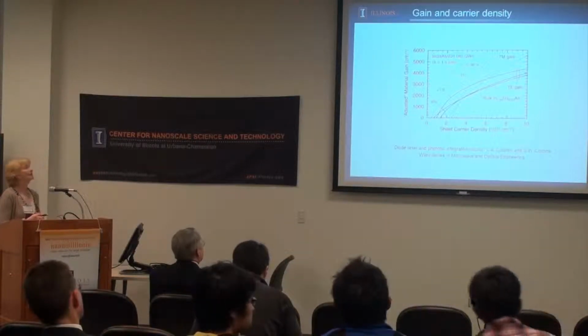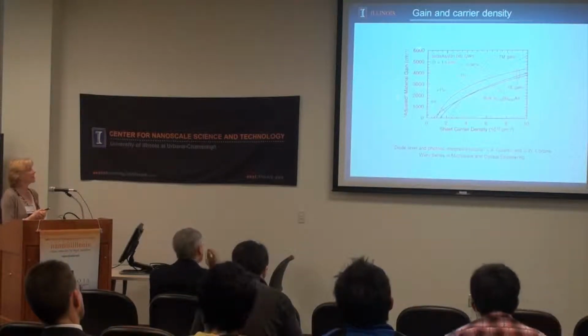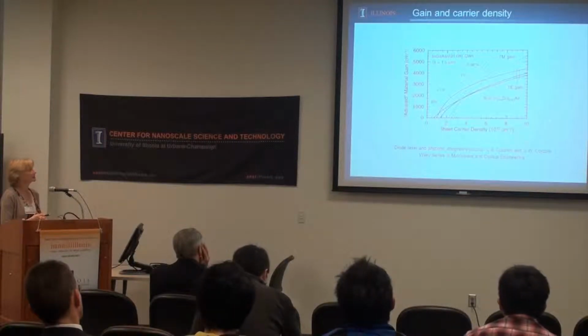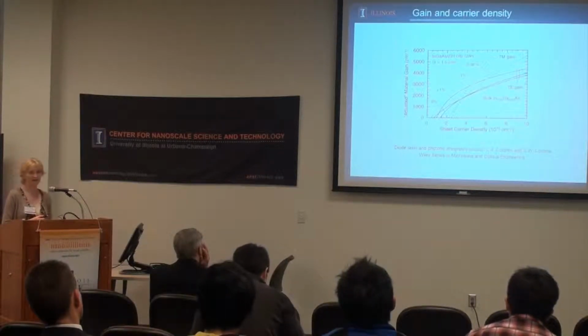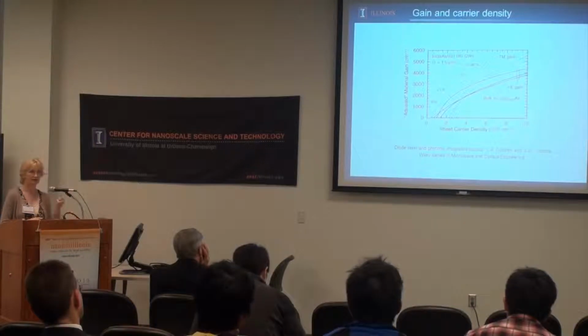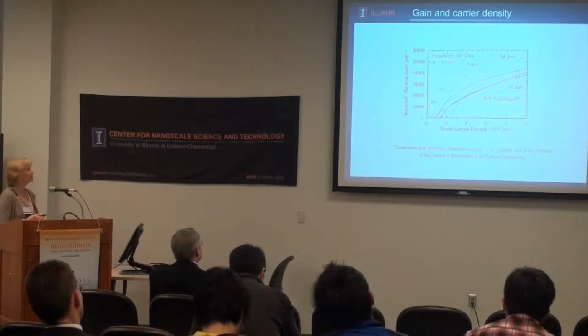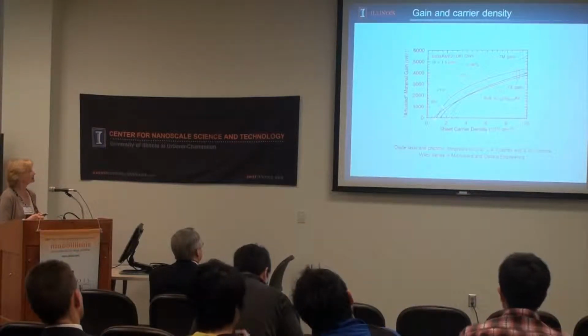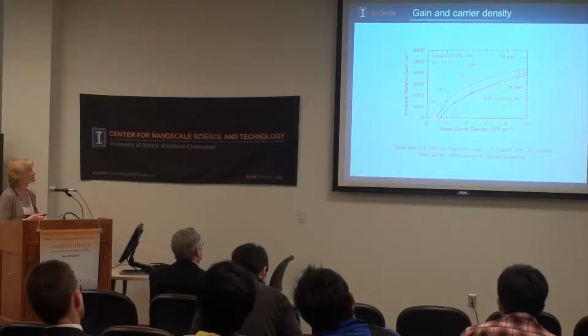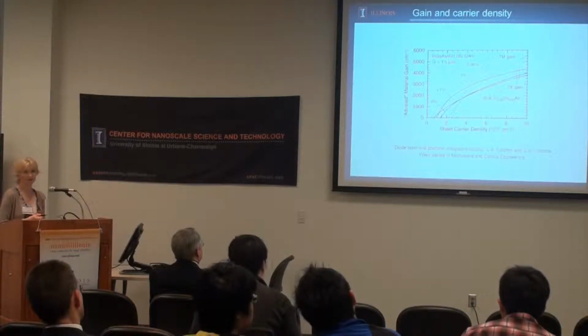Well, this here is the material gain as a function of the sheet carrier density. The sheet carrier density is basically how much current you're injecting. So if you look here, the one that I particularly want to look at is this indium gallium arsenide quantum well.